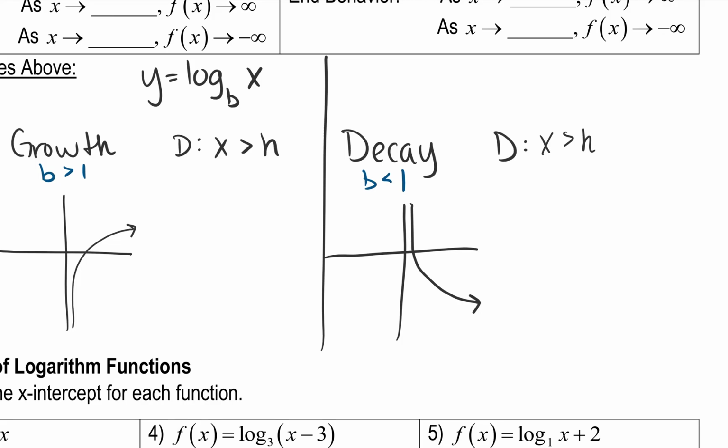Now again, because I don't have negative growth decay, I can never flip that, so that is always going to be true. The range for both of these is now all real numbers. So if you go back and look at the exponential graphs we did, it's just flipped. So remember on the exponential, domain is all real numbers, now it's range. So they're inverse, that's why they flipped.